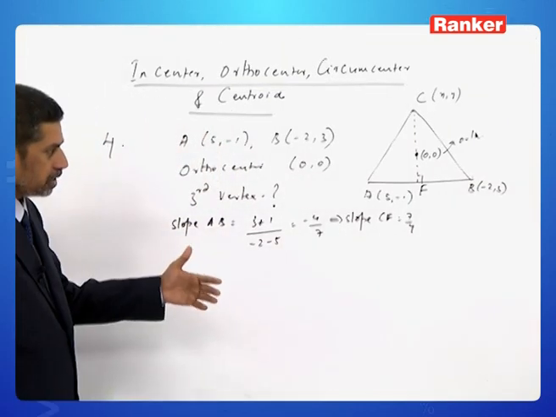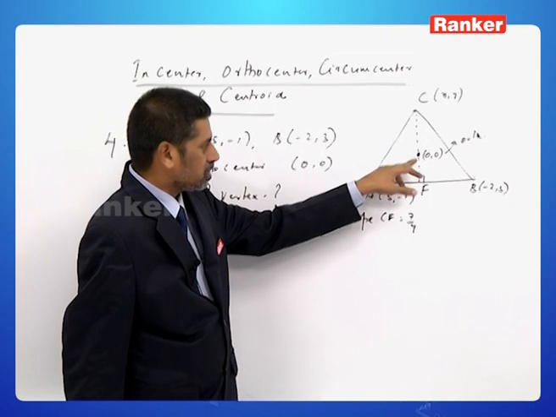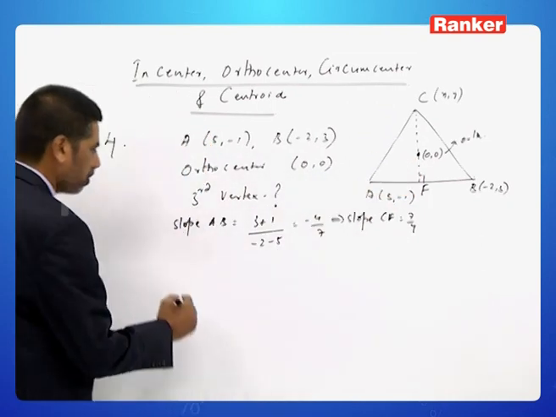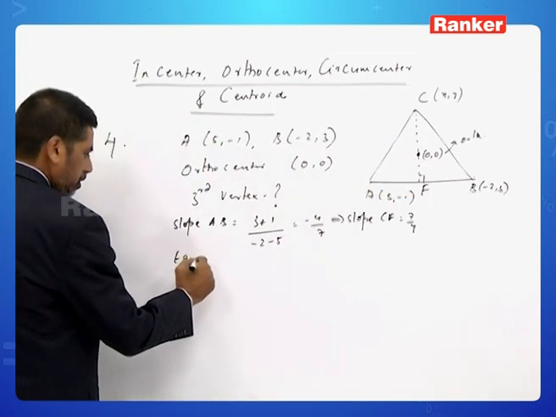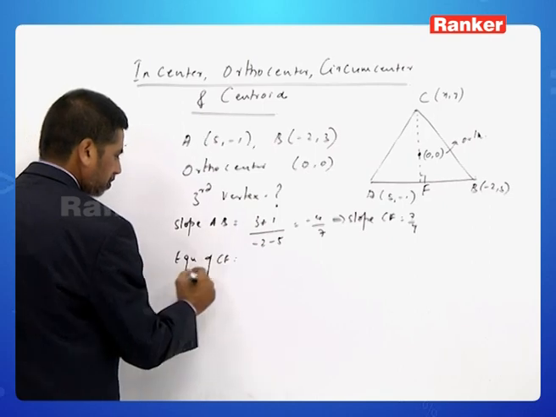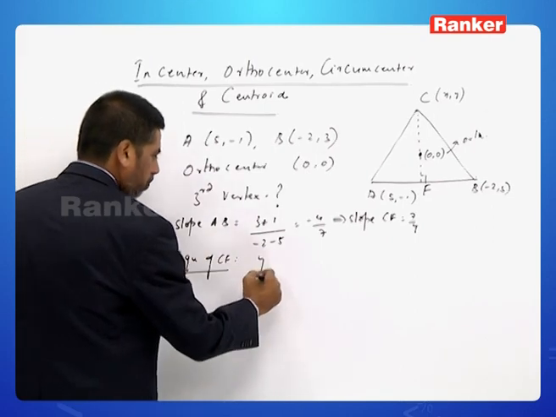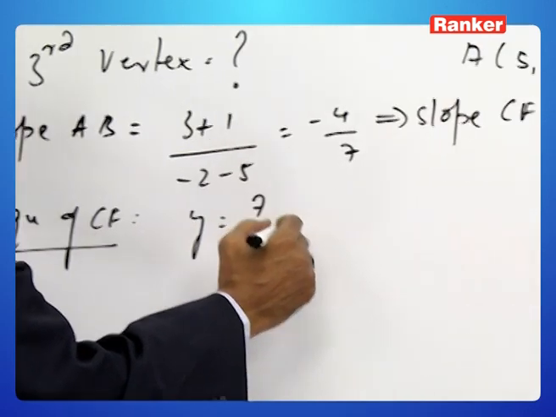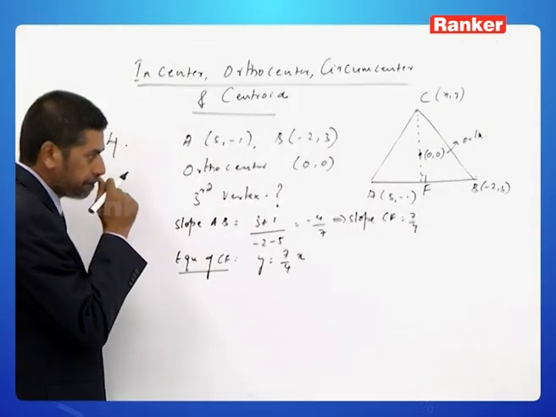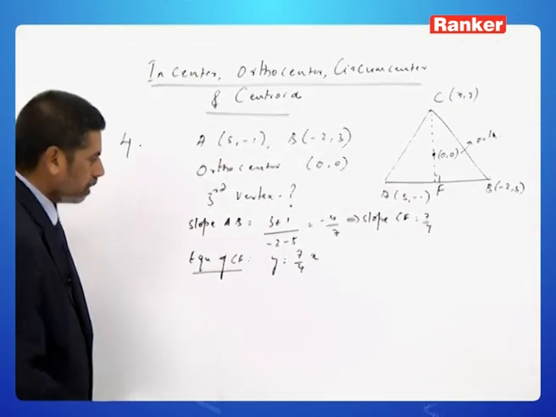Now you can clearly see that the line CF passes through the origin. Therefore, the equation of CF will be y is equal to mx, y is equal to 7 by 4 x.